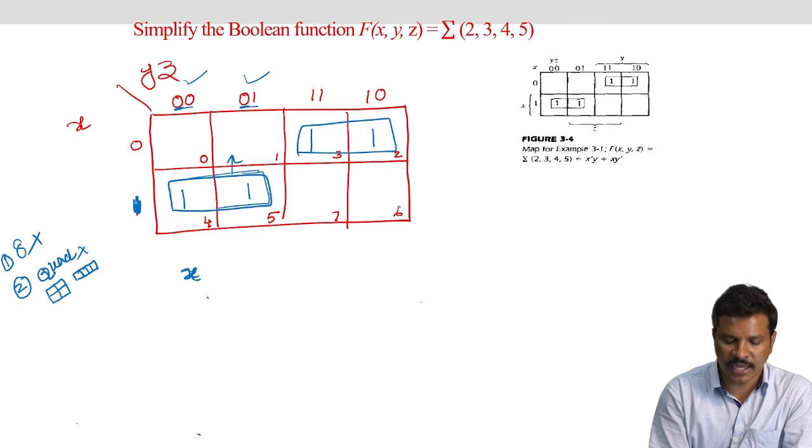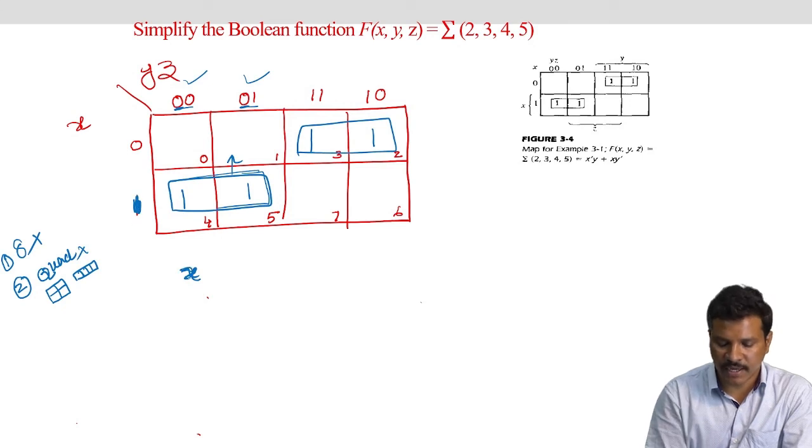So consider that 1 as x, multiplied as a product term with the common term in the vertical direction, y bar.